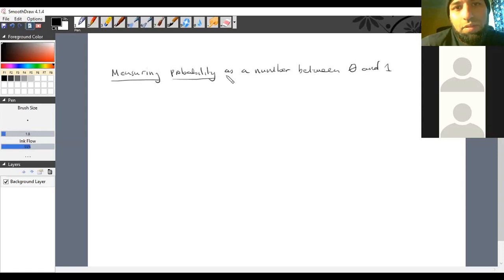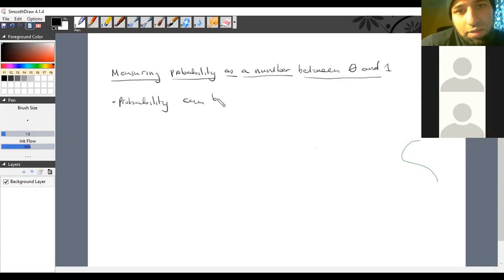So let's write some notes. First thing, probability can be expressed as a fraction.